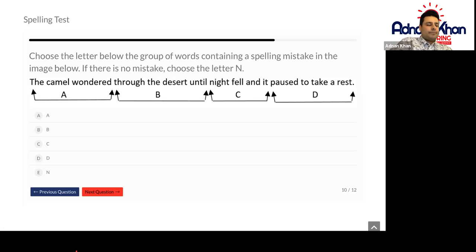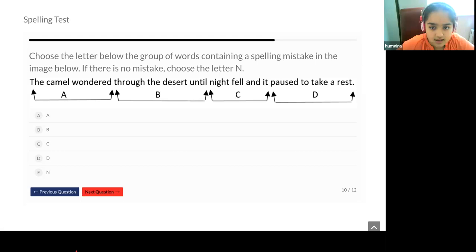Camel is fine. Have a look at, well, how do you spell wonder? W-O-N-D-E-R. Read that one more time. W-O-N-D. And how do you spell camel? C-A-M-E-L. C-A-M-E-L. Yes.